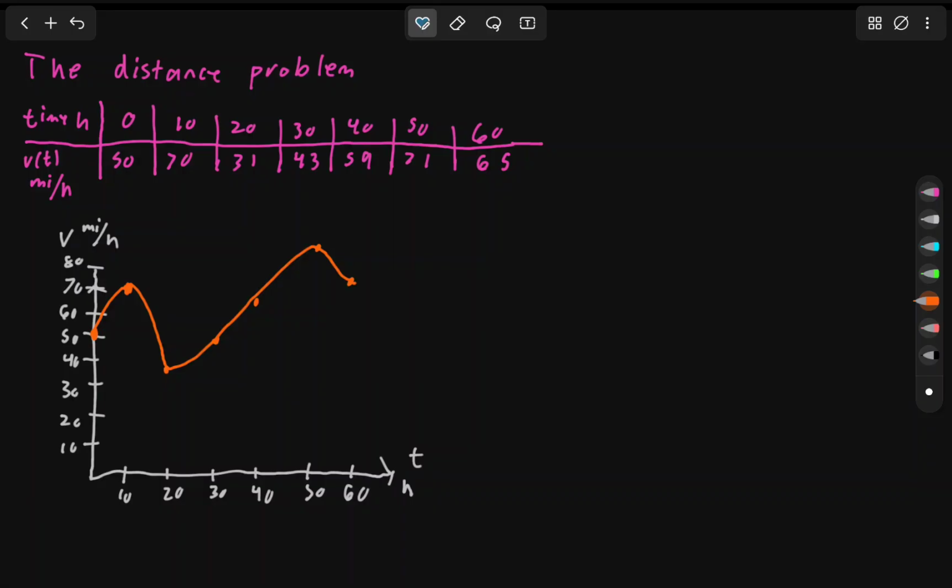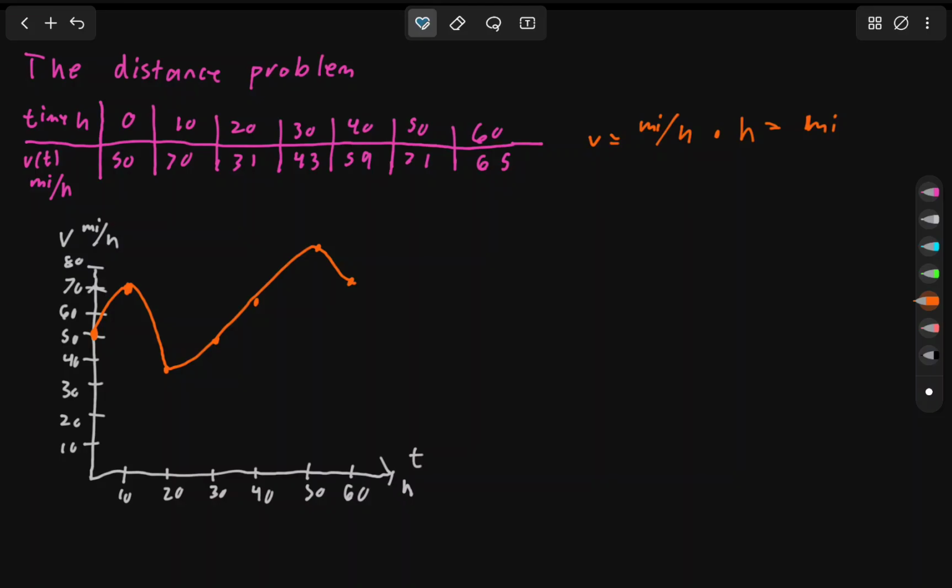Well, if we're given a continuous velocity, velocity is really just miles per hour, a distance unit divided by time. And now I want to ask, what if we multiply it by time? Well, we would normally get a distance. So, what calculus can give us here is a tool to estimate the distance traveled, or rather the displacement.